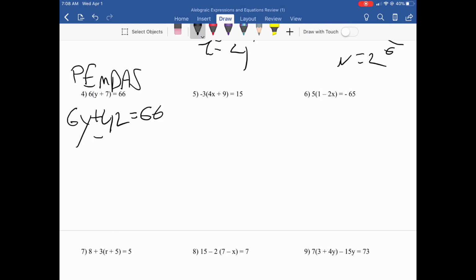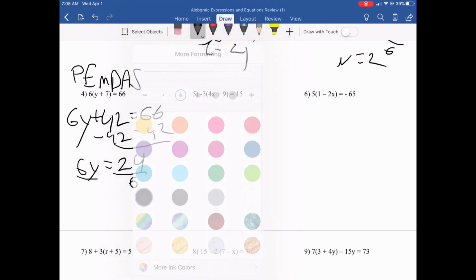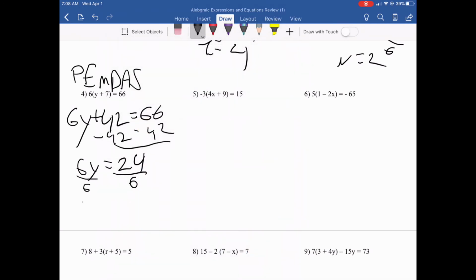So minus 42. 6y equals 24, divide by 6. Y equals 4.